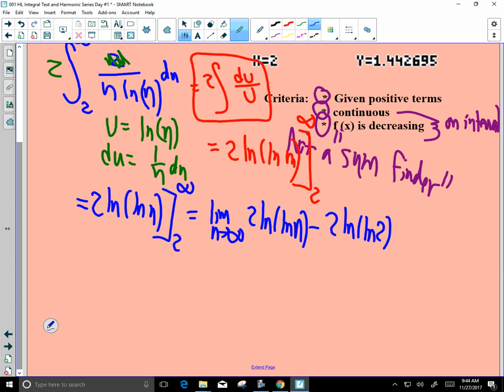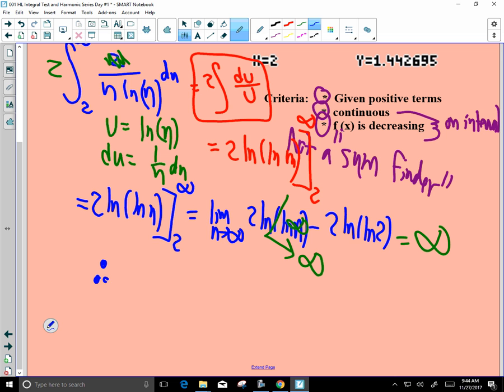What does this thing go to? Ever so slowly. If this is infinity, what's the natural log of the natural log of infinity? No, still infinity, yeah. And whatever this is, don't care. This is going to go to infinity.